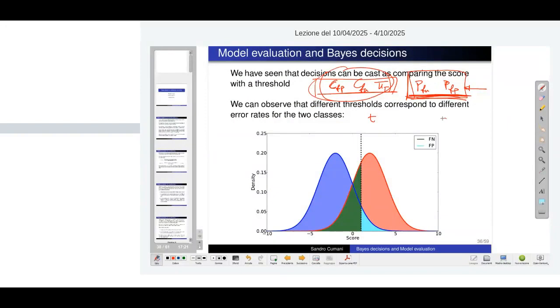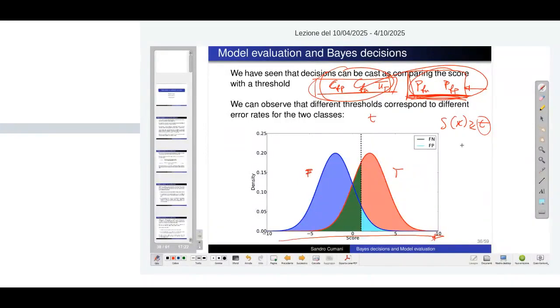For a binary problem, we said the decision corresponds to comparing a score with a threshold. We can then visualize how the selection of the threshold affects these quantities. For example, imagine that I have run my classifier over a large number of samples. Then I take the true samples and the false samples, and I plot the histogram of the scores for the two classes.